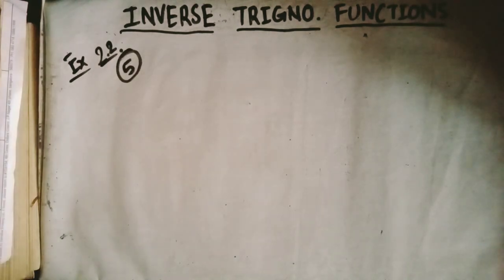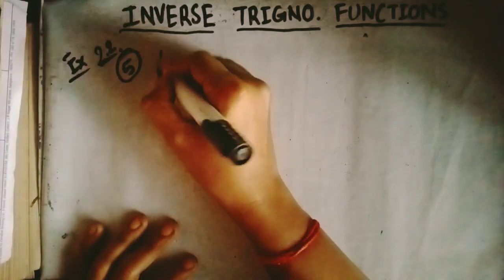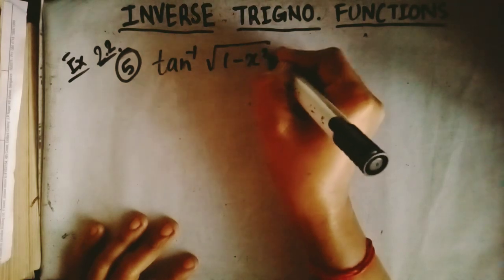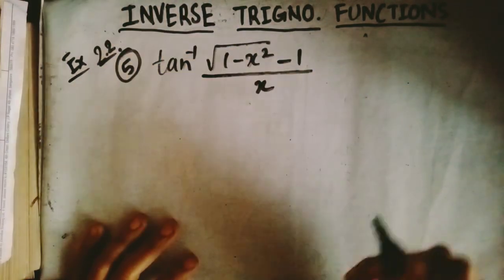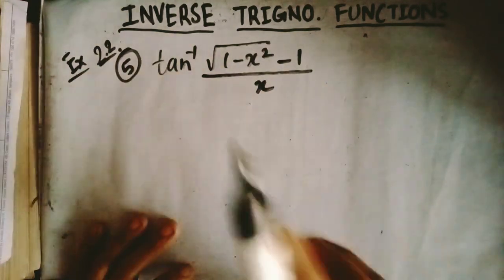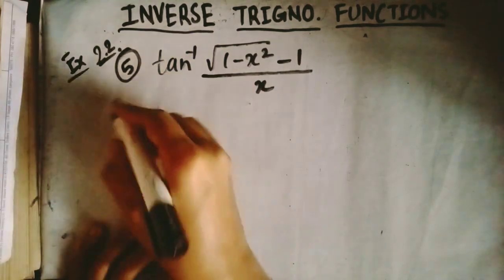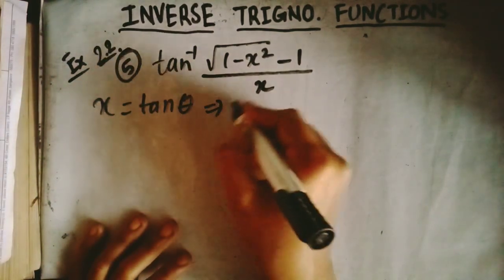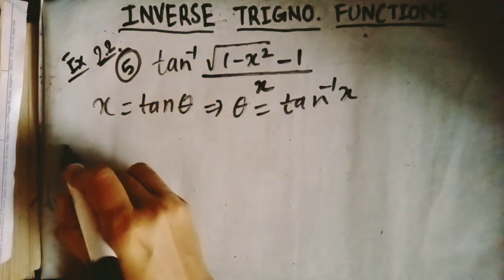Next question is, you have to write it in the simplest form. Tan inverse of root of 1 minus x square minus 1 upon x. I'll substitute x equal to tan theta, so theta will be our tan inverse of x. Let's see what we get.